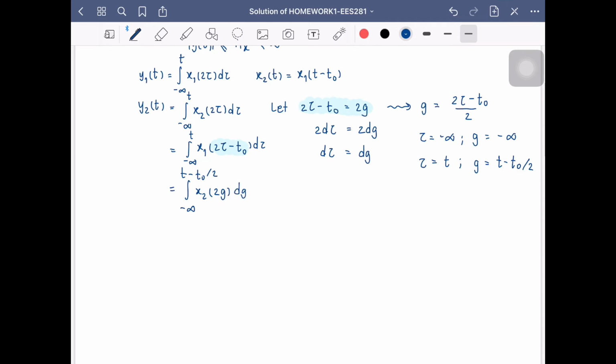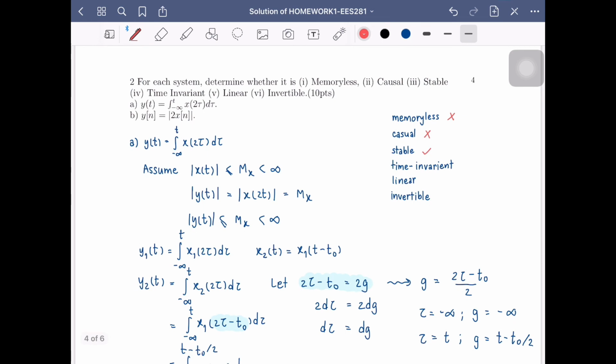Then we compare y2 to y1(t minus t0), which is the integral from minus infinity to t minus t0 of x1(2 tau) d tau, since we substitute t by t minus t0. This is not equal to y2(t). Then this signal is not time invariant.